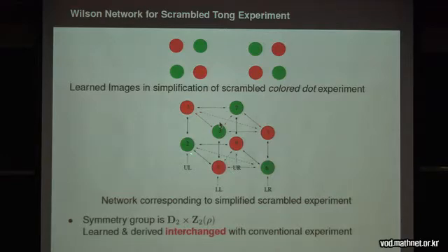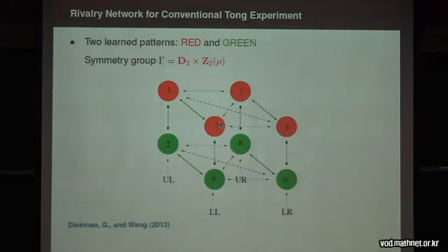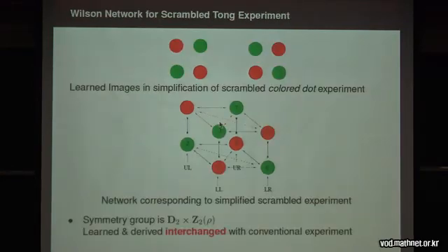But by swapping the lower left and upper right, putting green on top rather than red, you can see that the connections given by this are exactly the same as the connections that were over here. These 2 networks are isomorphic. So even though I don't know exactly what's going to happen on the 24-dot model, on this 4-dot model prediction, you're going to get the same result whether you show the mixed one or the pure one. And that's not obvious to begin with.